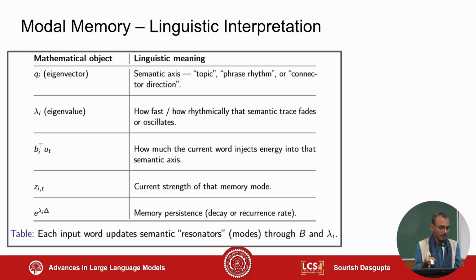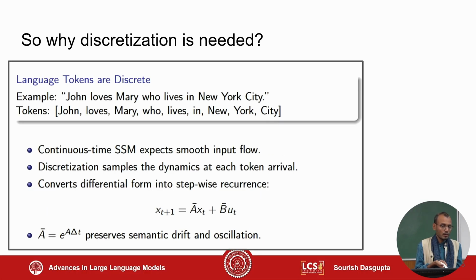e^(λ_i (t − t0)), which is the delta, that is the memory persistence or decay or recurrence, whatever that is, over that time interval. So why is discretization needed? Now this is all continuous.